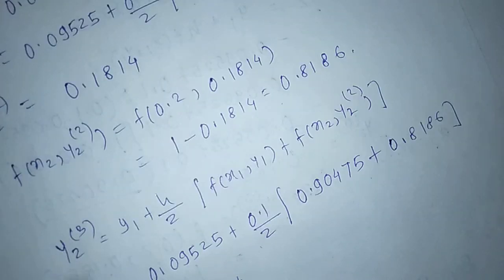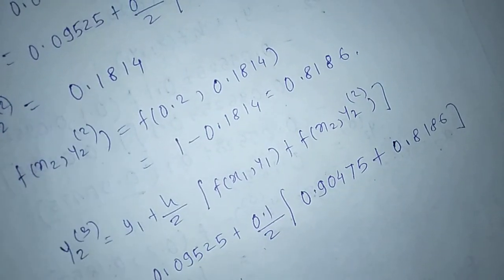Therefore, y2 raised to 2 equals 0.1814, and here y2 raised to 3 equals 0.1814. So here we stop finding the approximate value of y2. Therefore, y2 equals y2 raised to 3, equal to 0.1814.